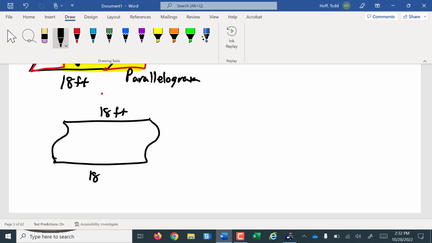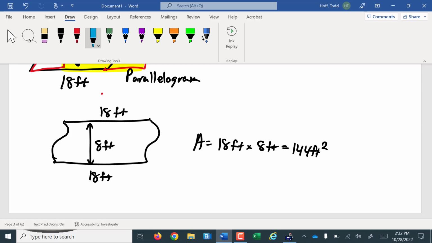This is still 18 feet because the length of my stick hasn't changed. And if the distance I dragged it is still 8 feet, well, guess what? The area is still 18 feet by 8 feet, 144 square feet.